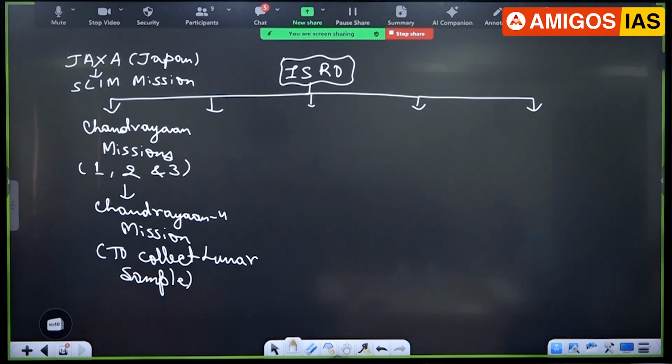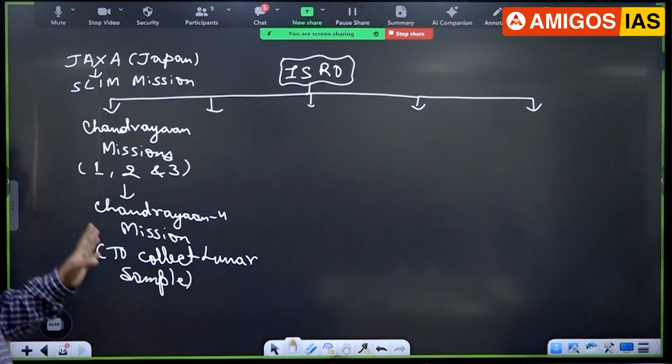So what Japan did, it also developed a lander and soft landed on the moon. But the lander was 10 times less in weight than our Chandrayaan Vikram lander. It was very lightweight. We did it with a very heavy one, they did it with a small one. And SLIM had 2 rovers which moved on the lunar surface. So this is one thing here.